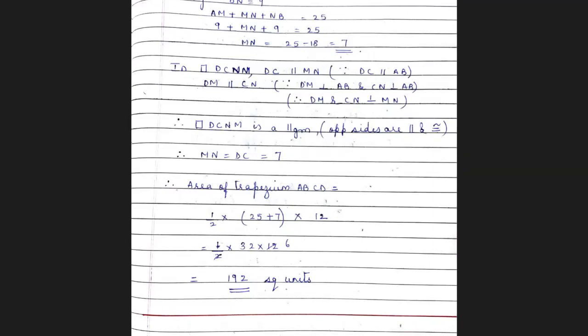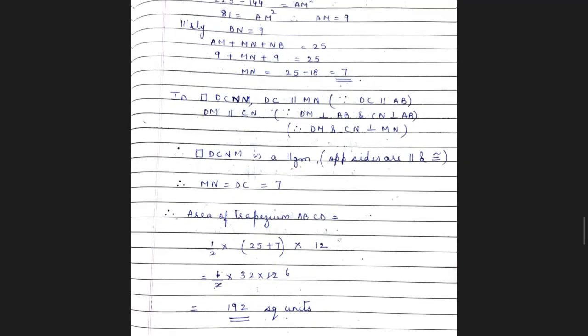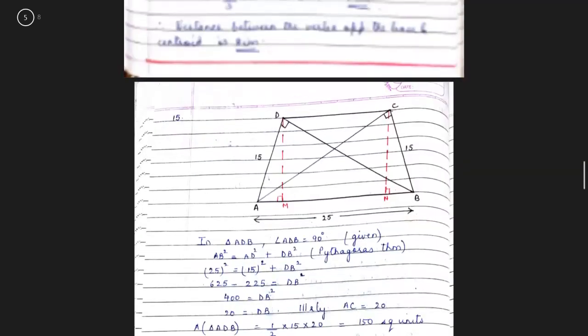You have DM and CN, the two perpendiculars drawn. When you have two perpendiculars drawn and DC is parallel to AB, if I consider the converse of the interior angle property, the interior angles are 90 degrees. So I get DM is parallel to CN.